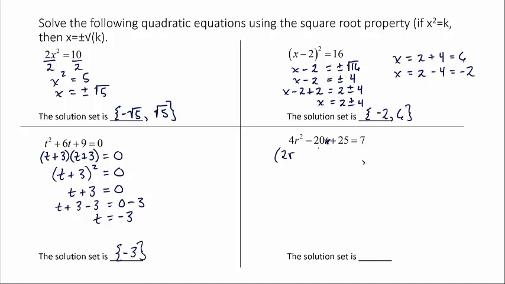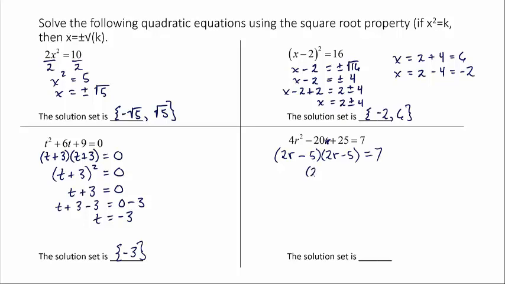The square root of that is 2r, and the square root of 25 is 5, and we have a minus 20r in the middle. So I'm willing to bet that 2r minus 5 times 2r minus 5 works. Let's see, do a little FOILing in your head. 2r times negative 5 minus 5 times 2r, so that's negative 10 minus 10, which is negative 20. So that works.